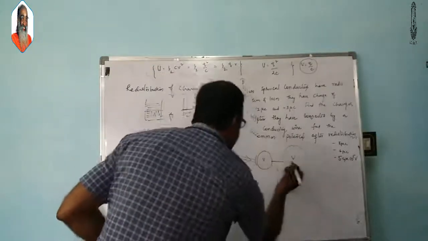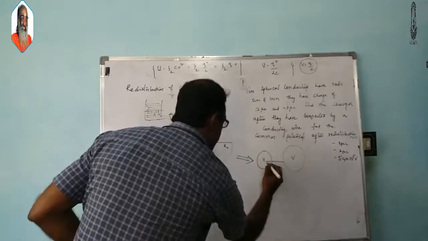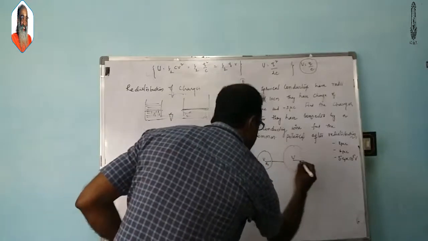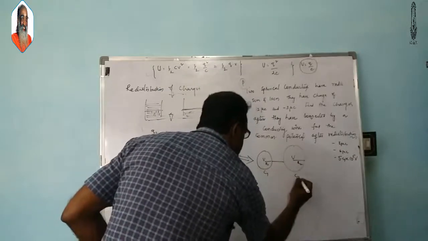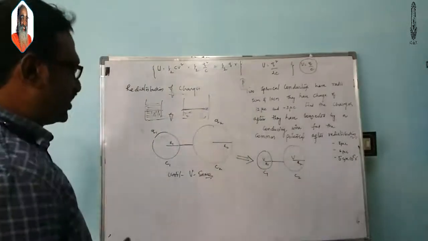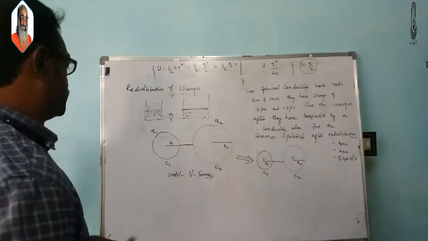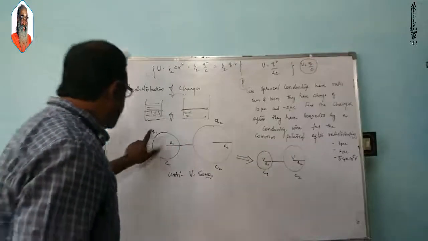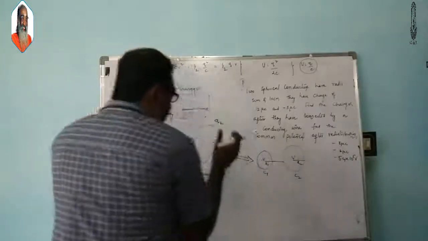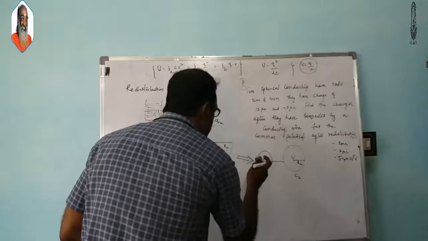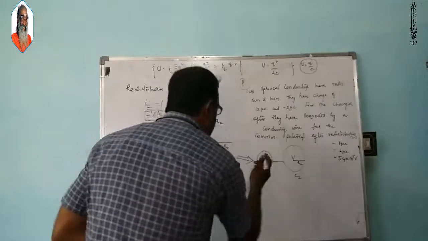These are connected. Now the radius will not change, and the capacitance also will not change, as the capacitance of the conductor does not change when the dimensions have not changed. But suddenly the charges will change. We are going to get a new amount of charge on this body and a new amount of charge on that body.